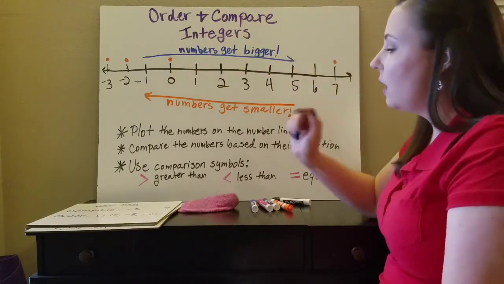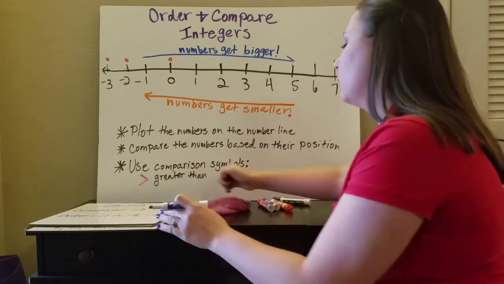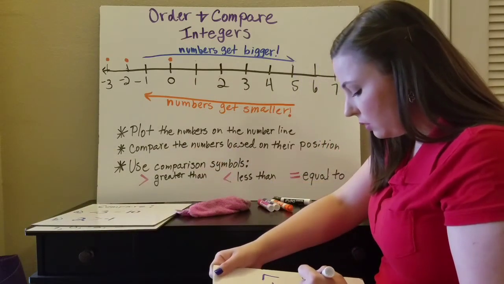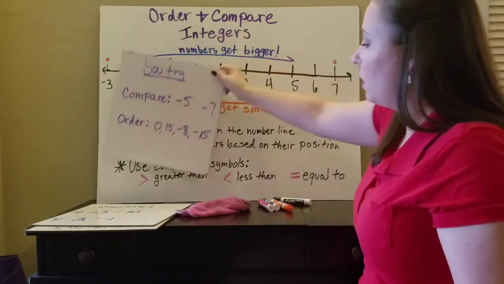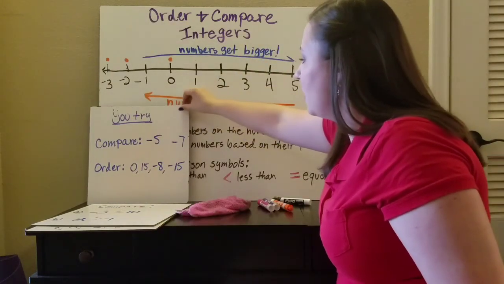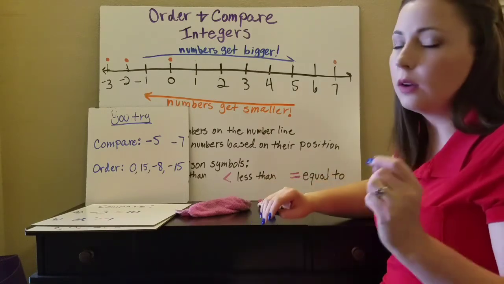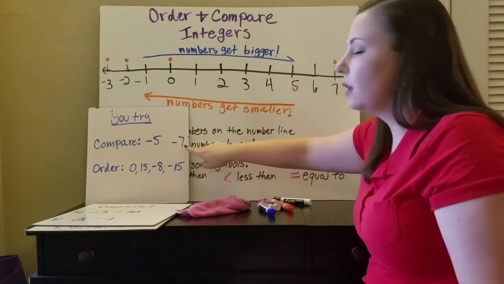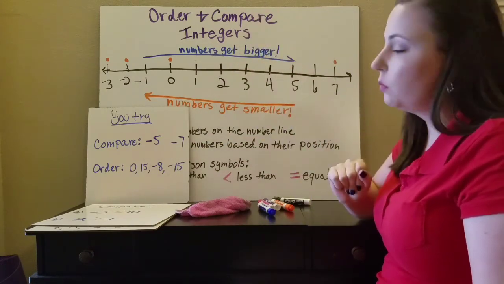Okay? So now what I want for you to do, you're going to try a couple problems here. Let me write this one. All right. What I'm asking for you to do in your notebooks on your own right now is to compare -5 with -7. So that's using the greater than, less than, or equal to symbols.